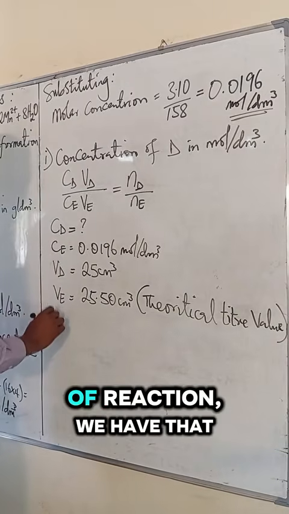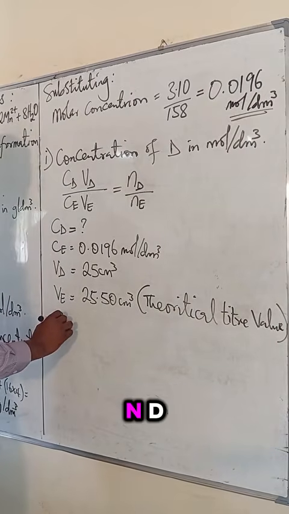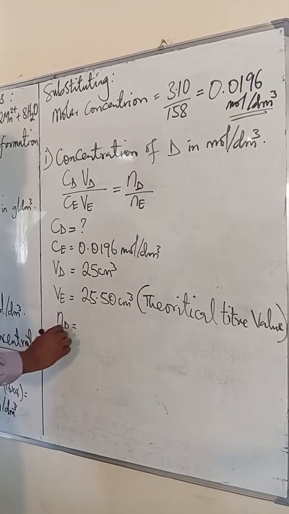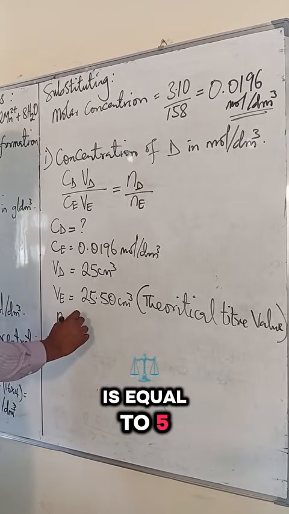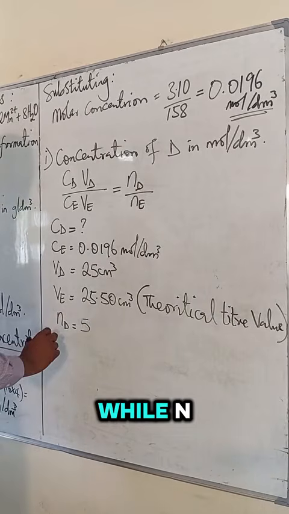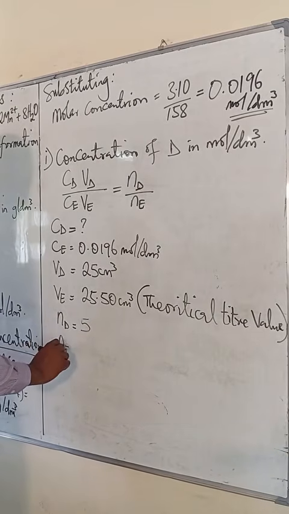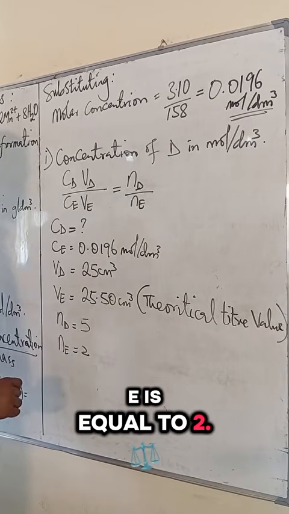Then from the equation of reaction, we have that ND is equal to 5, while NE is equal to 2.